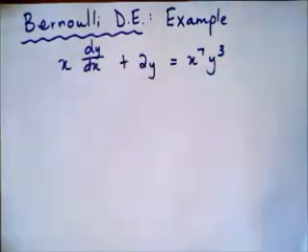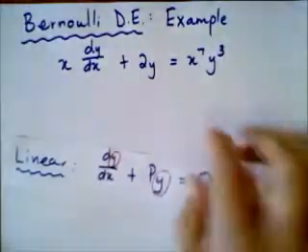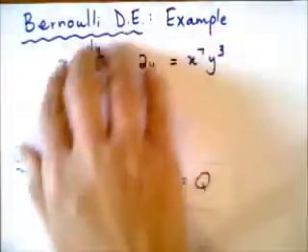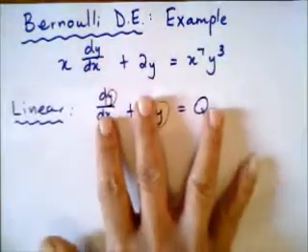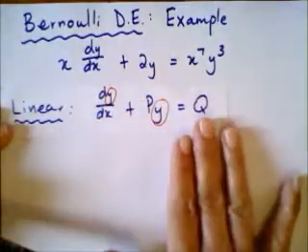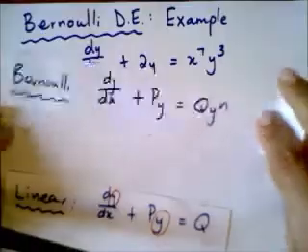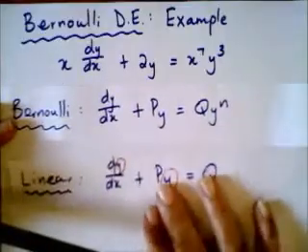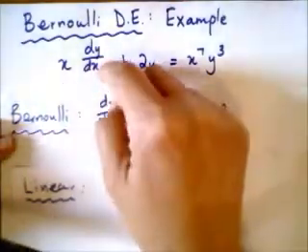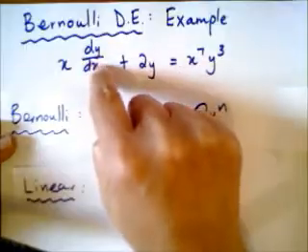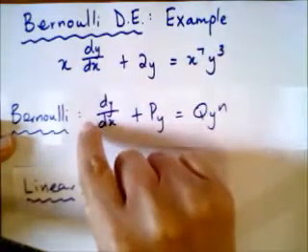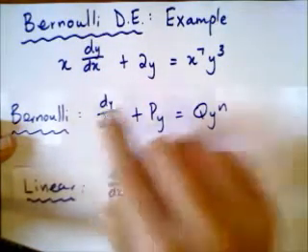Okay, so what I want to do is take this Bernoulli differential equation and change it into linear form. Before we even get to do that, we have to change it into the Bernoulli standard form first, which means the value in front of the derivative has to be 1.